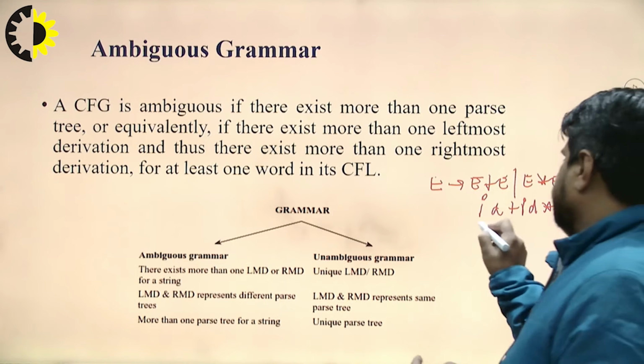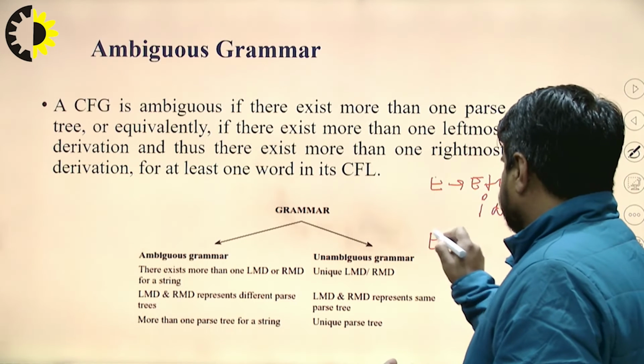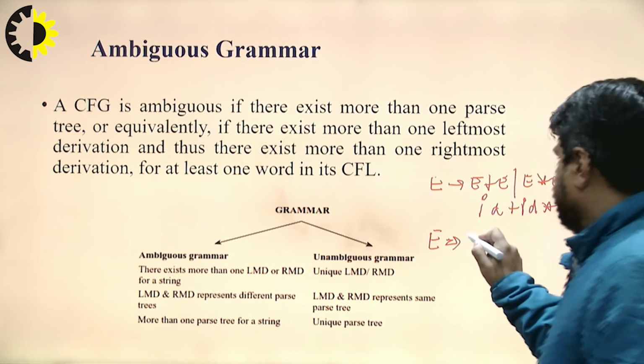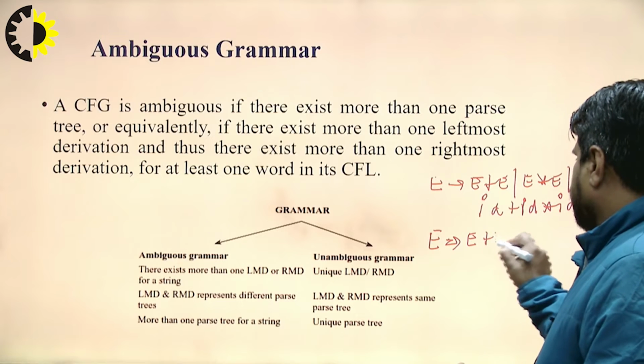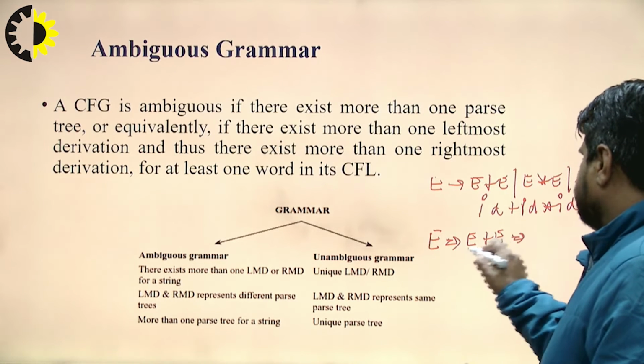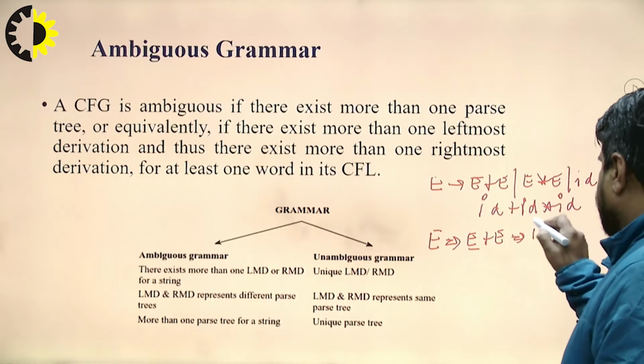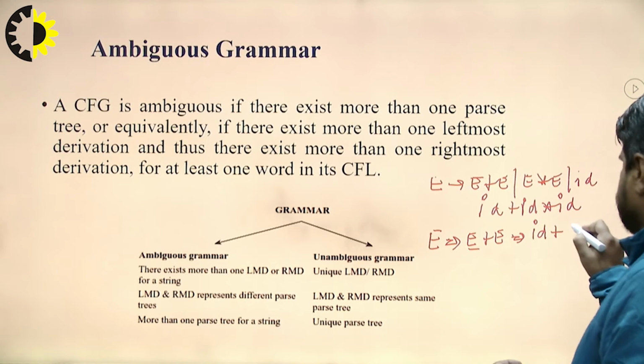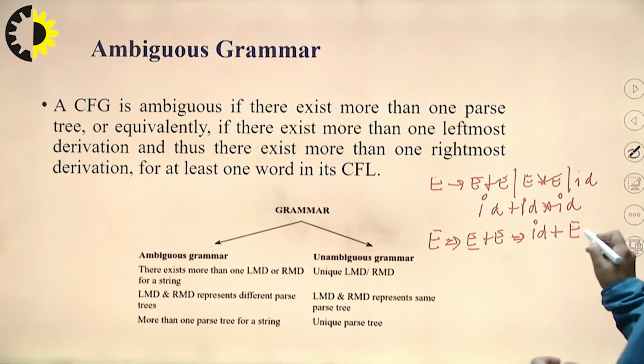So if we apply the leftmost derivation, the derivation will be E tends to E plus E. After that, you will replace this E by ID, plus you can see here this one.